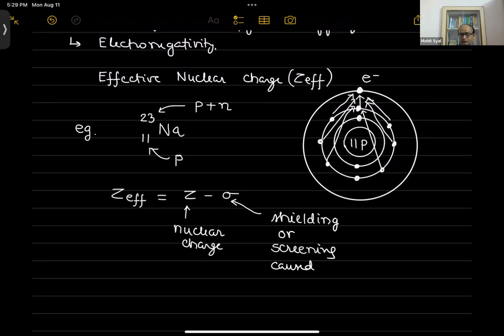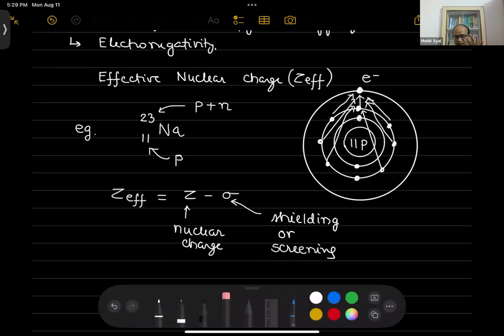The nucleus is trying to pull the outermost electron, but these inner electrons are trying to repel that outermost electron away.